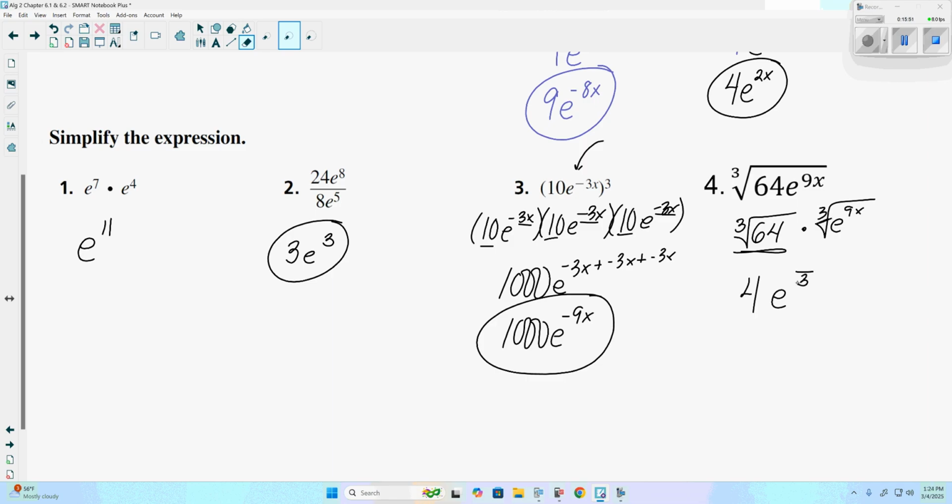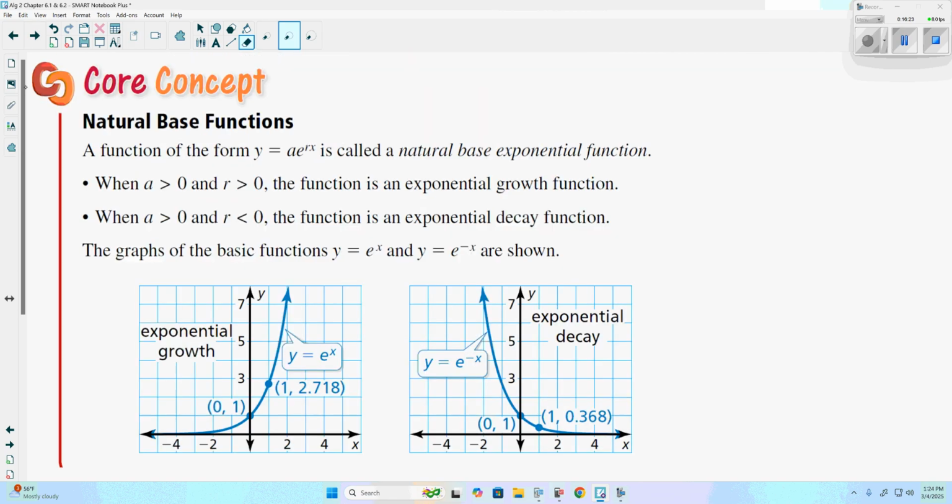The number inside the radical goes on bottom. The power attached to our term inside goes on top. So we're really looking at 9x over 3. What is 9x divided by 3? And we still have our x. So 64e to the 9x, if we cubed root it, we get 4e to the 3x. And really this fractional root makes a whole lot of sense, and it makes introducing radicals a lot nicer.